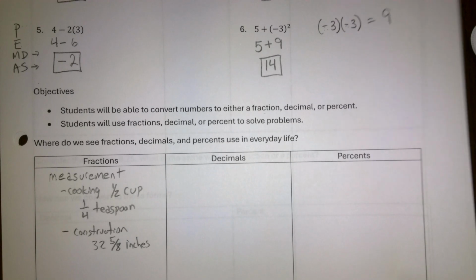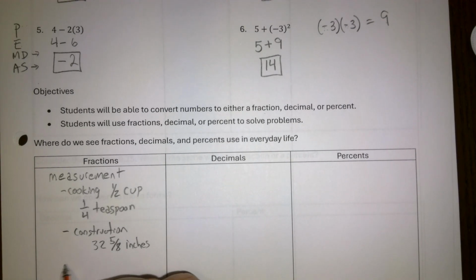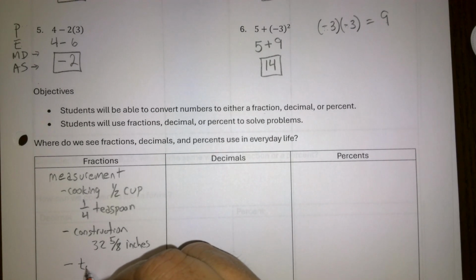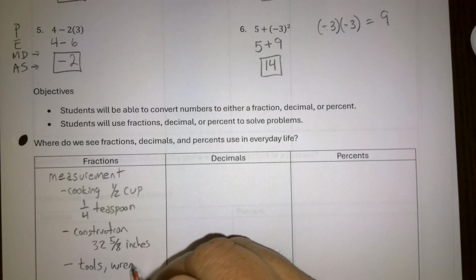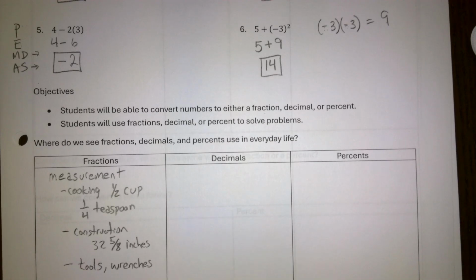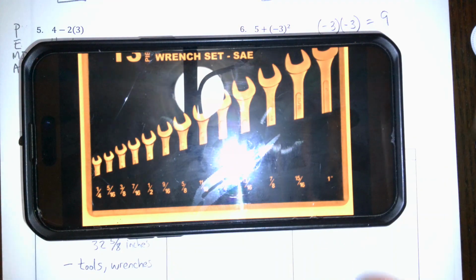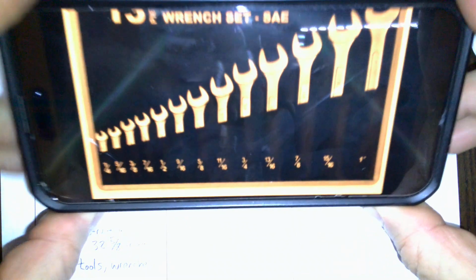And then another place we'll see this is with toolkits. Tools like wrenches. To show you an example, I apologize, I hit the pause button and I think I cut off what I was saying. But in a toolkit, here is an example of a wrench set. I'm sorry, there's a bright light there.